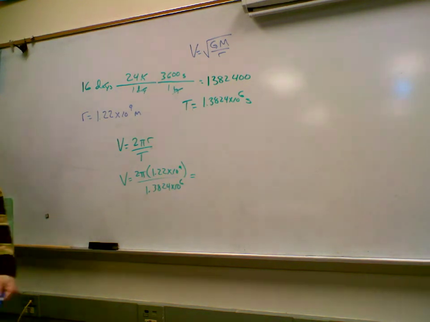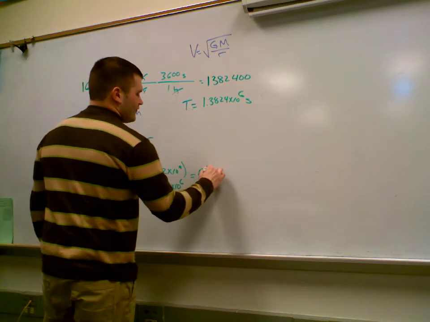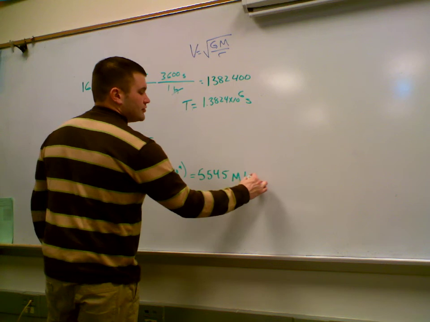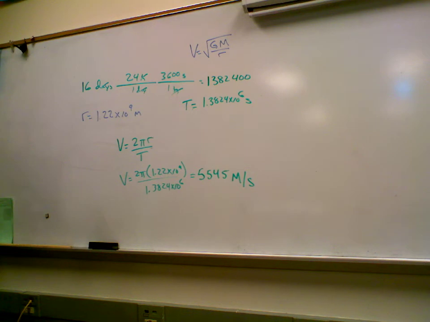What's our orbital velocity for Titan? 5545 meters per second. Good. Okay. So that is the orbital velocity of Titan. Does that make sense, guys?